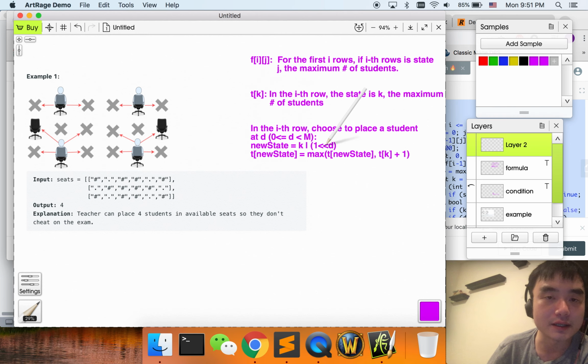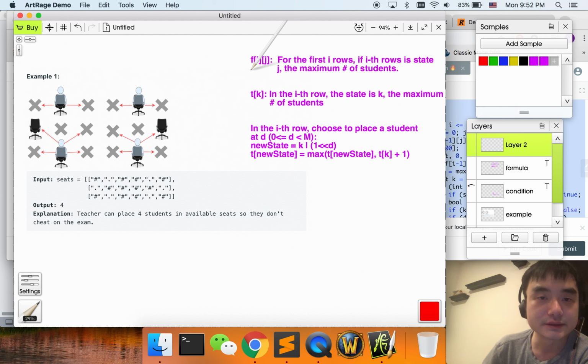So to use the dynamic programming, what is the formula here? So here is the formula. Fij means for the first i rows, if the state is j, what is the maximum number of students? So what is the state here?